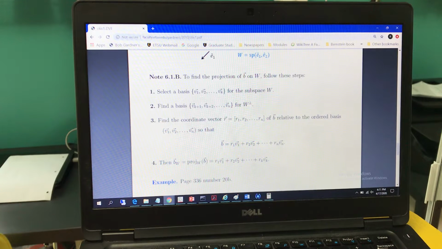Then find the coordinate vector R of the given vector B relative to the ordered basis created by first the basis elements of W followed by the basis elements of W perp.